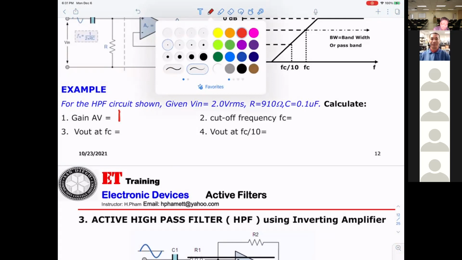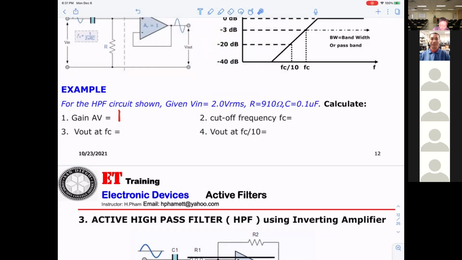And the cutoff frequency, you do that calculation, tell me what you get. 1.75 kilohertz. You say 1.75 kilohertz, right? Did anyone get the same answer?